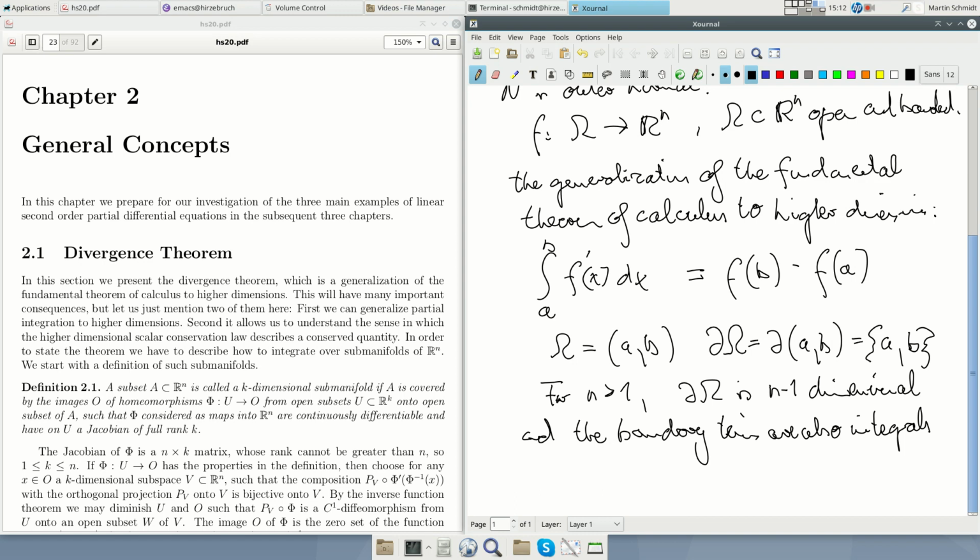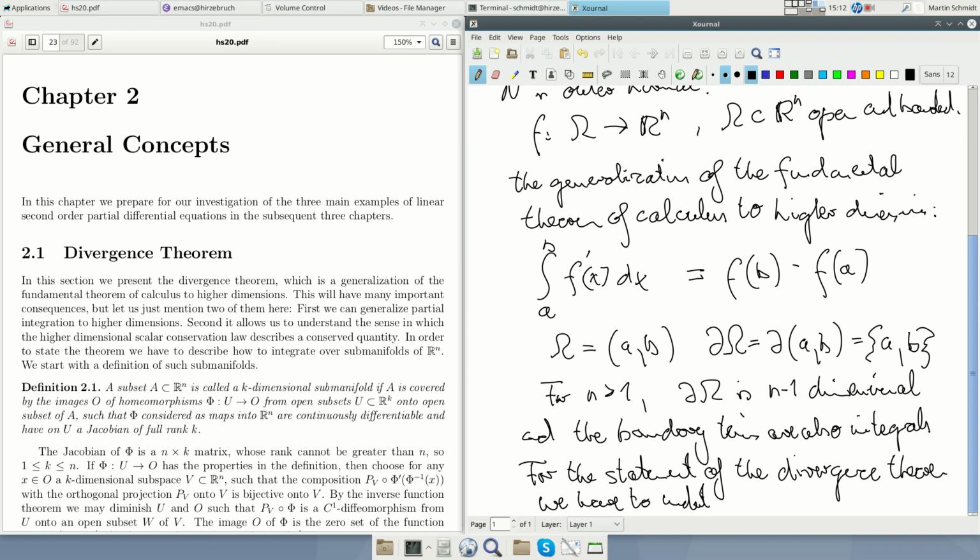So for the statement of the divergence theorem, we have to introduce integrals over submanifolds.